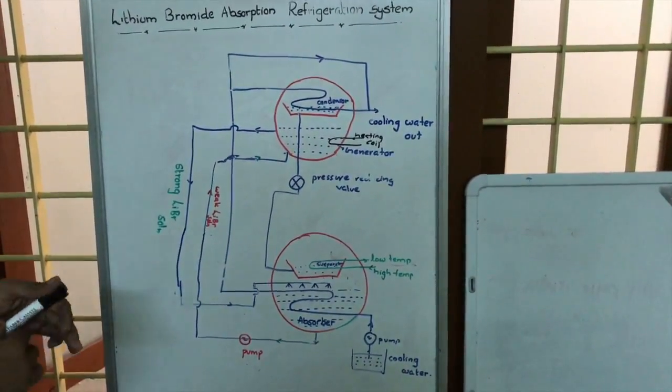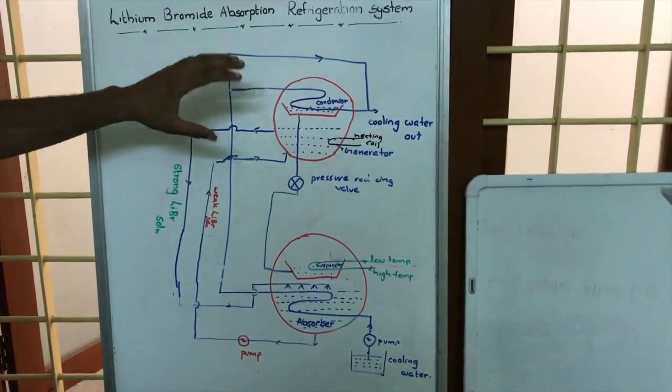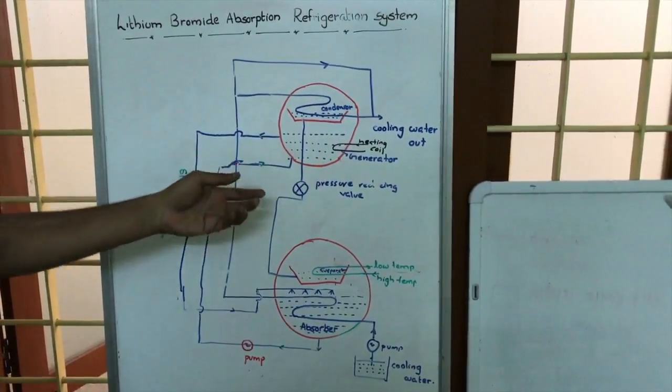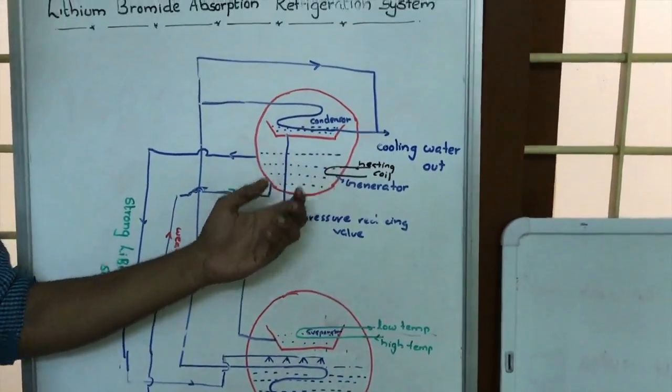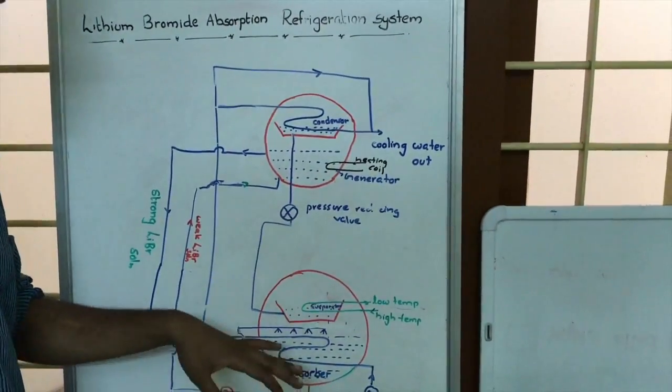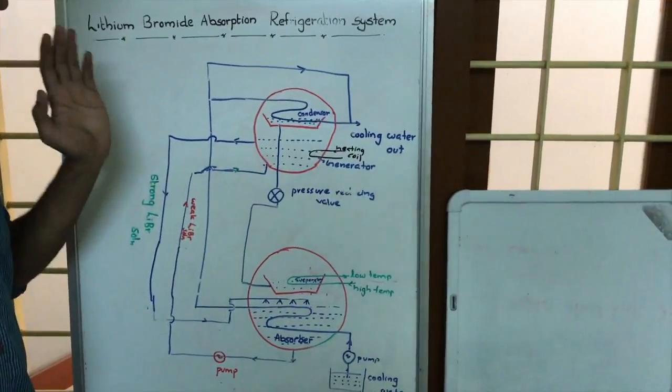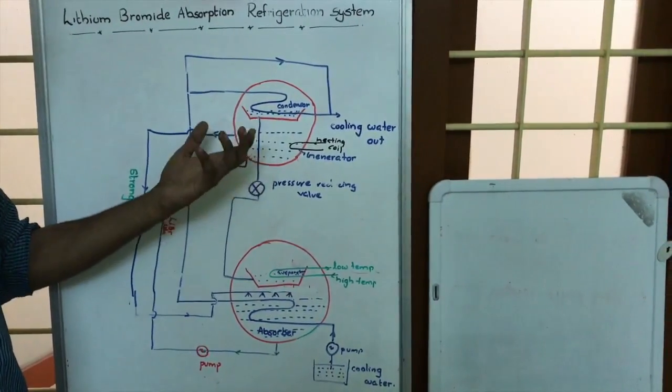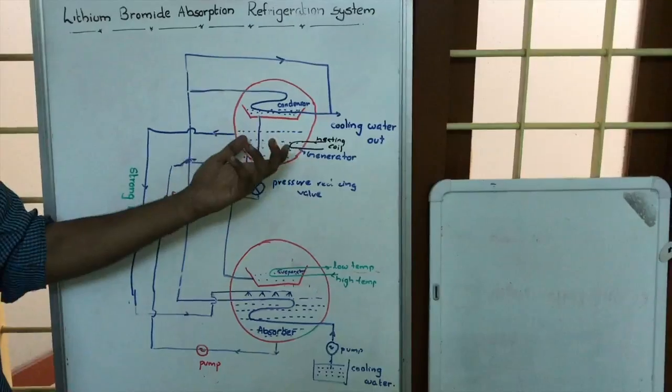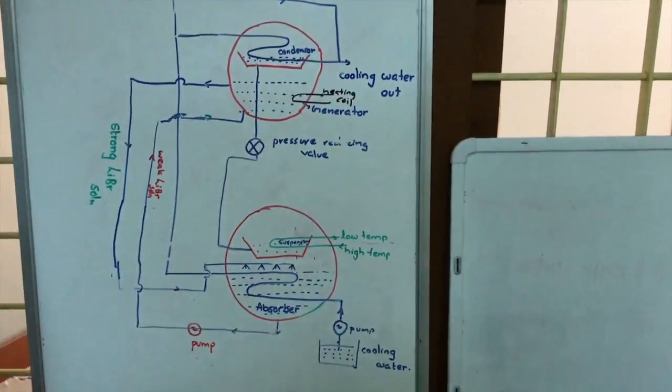So here, for the time being, first take that this is the concentrated solution, and this is the weak solution. As the course proceeds, we will come to know why the high temperature, highly concentrated solution is available here and the weak solution is available here.